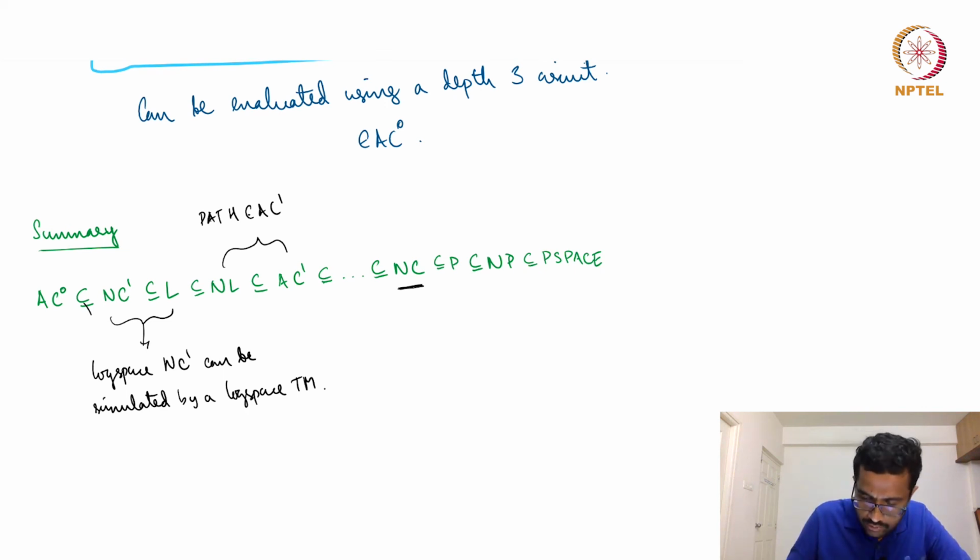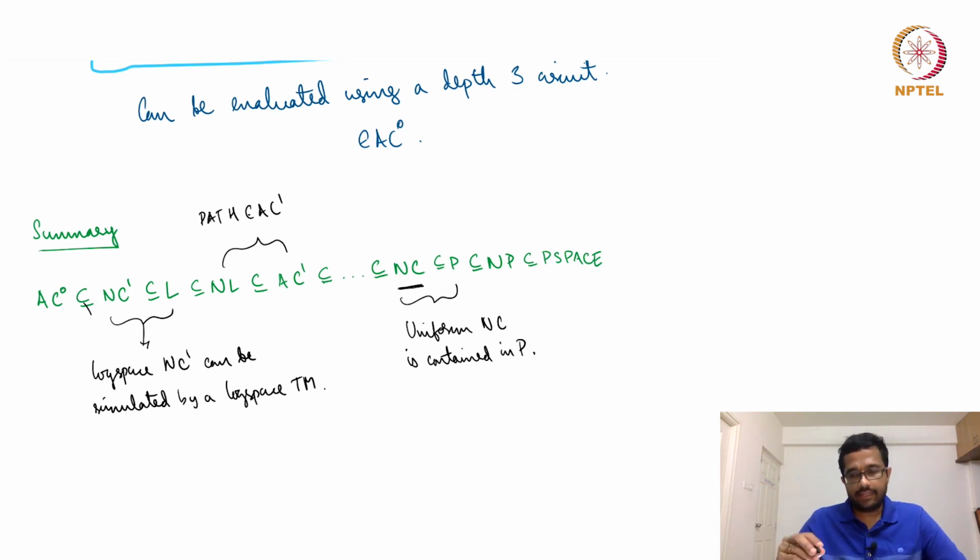This is because uniform NC is contained in P. In the previous lecture, I said that any log space uniform family is contained in P, or all the log space uniform families are the same as P. But in the case of NC, you have more restrictions.